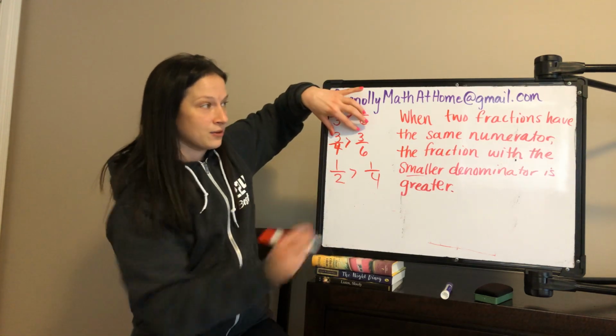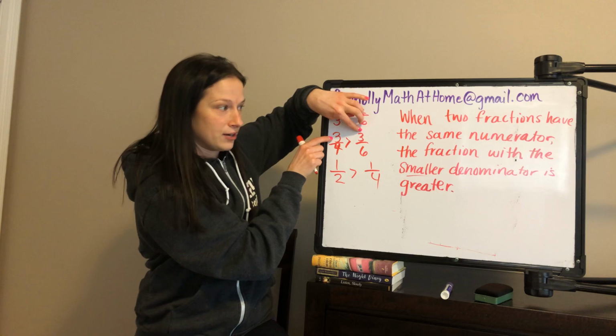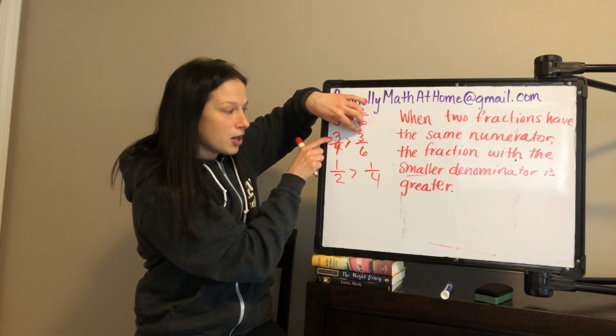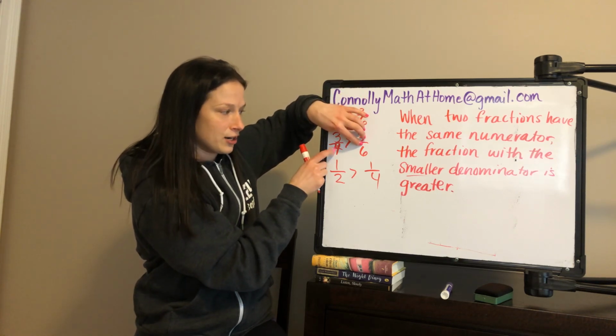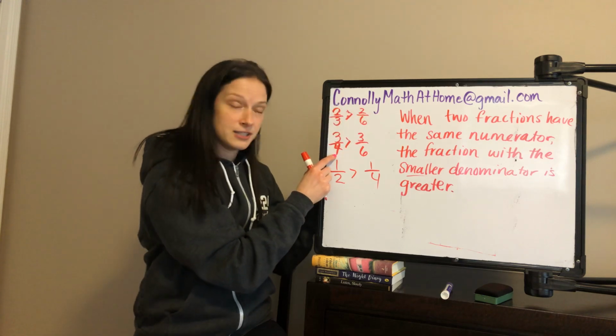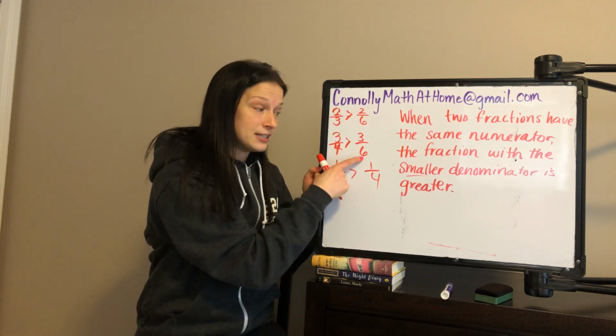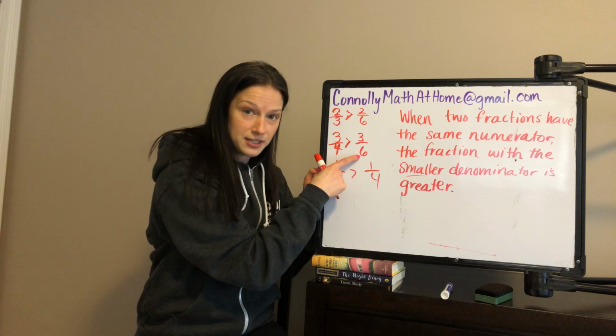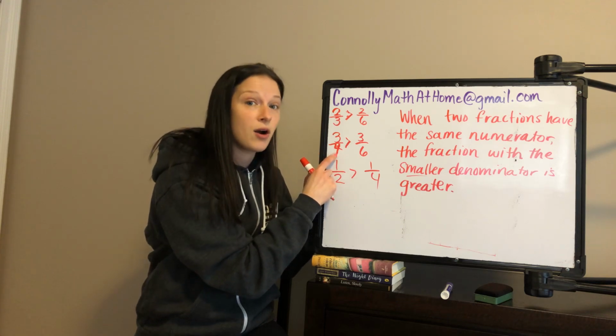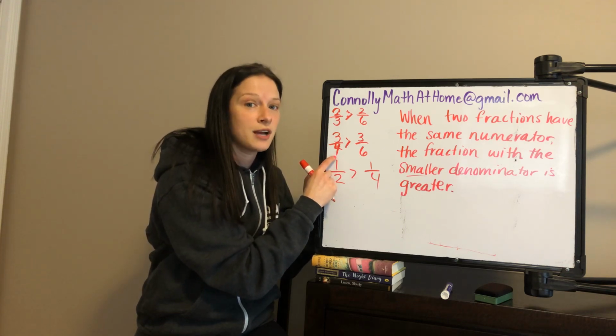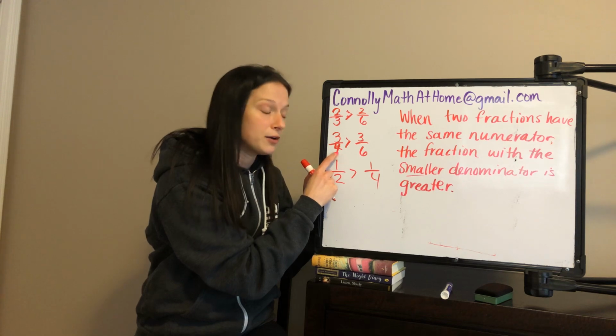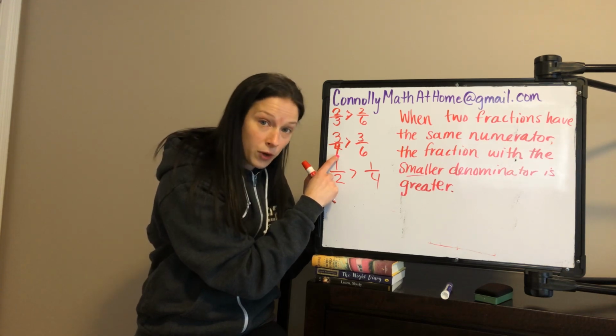Again, when 2 fractions have the same numerator, the fraction with the smaller denominator is greater. 4 is a smaller denominator. It's greater than 6, or 3/4 is greater than 3/6 because these pieces are bigger. The smaller denominator gives you bigger pieces. If you're sharing with less people, you get more.